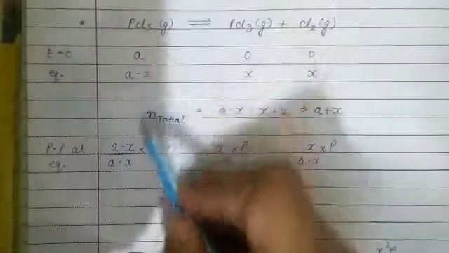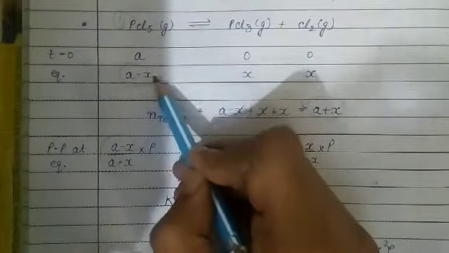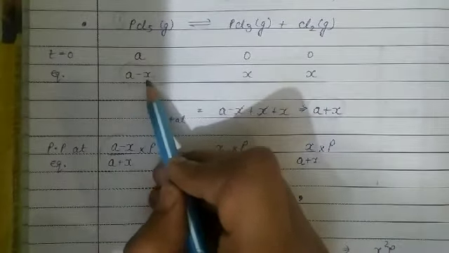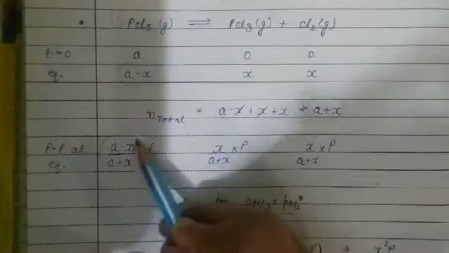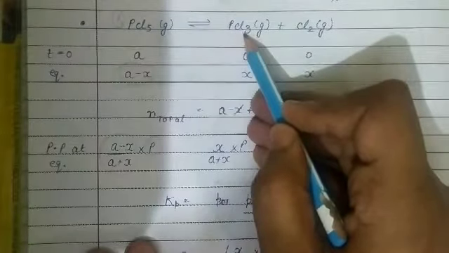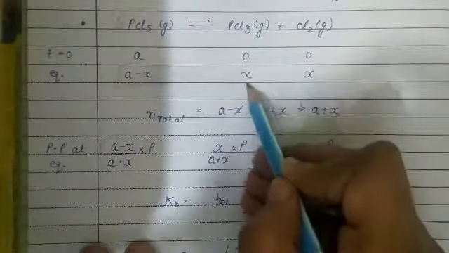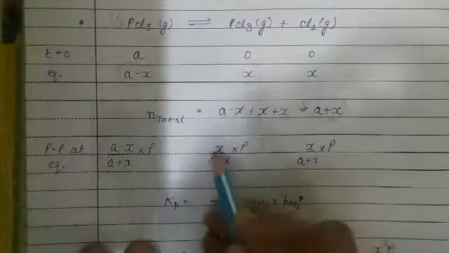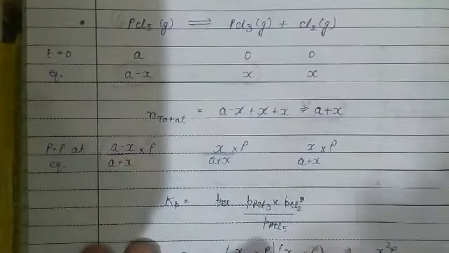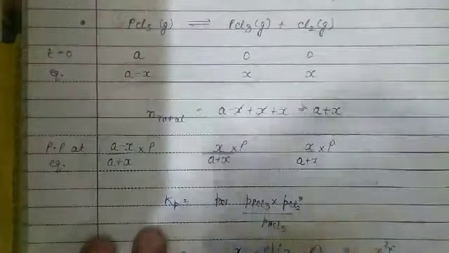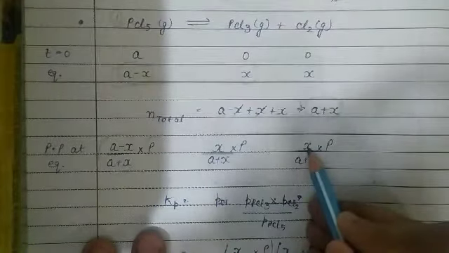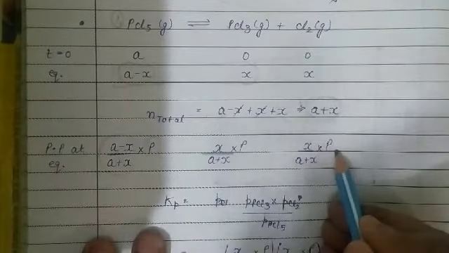So mole fraction of PCl5 is number of moles of PCl5, A minus X, divided by total number of moles, A plus X, and multiplied by total pressure. In the same way, the partial pressure of PCl3 will be X divided by total number of moles A plus X multiplied by total pressure. In the same way, partial pressure of Cl2 will be X divided by total number of moles into total pressure.